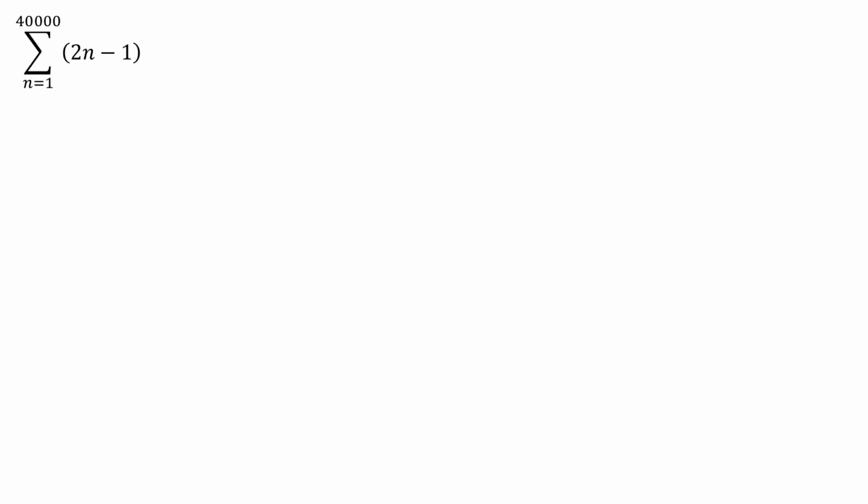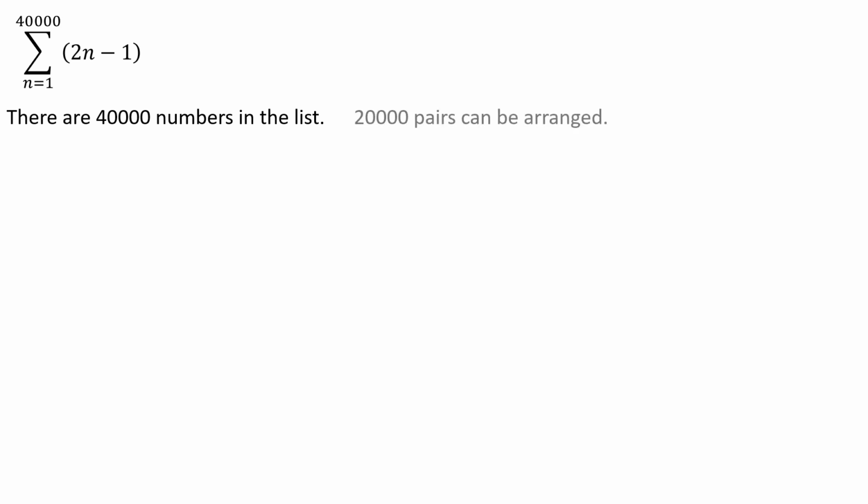Okay, so 40,000, right? No way am I going to try to figure this out by adding every single term. So how many pairs? Well, piece of cake. If there are 40,000 numbers, divide that by 2, there are 20,000 pairs. All right. How much is in each pair?